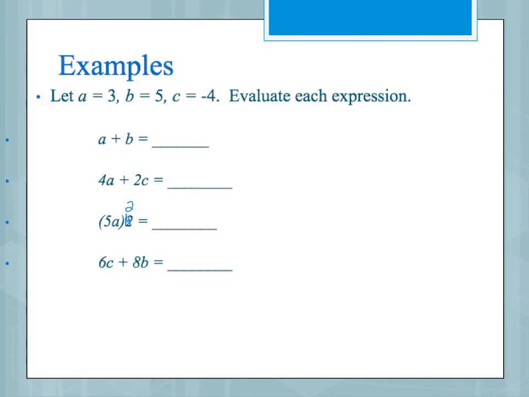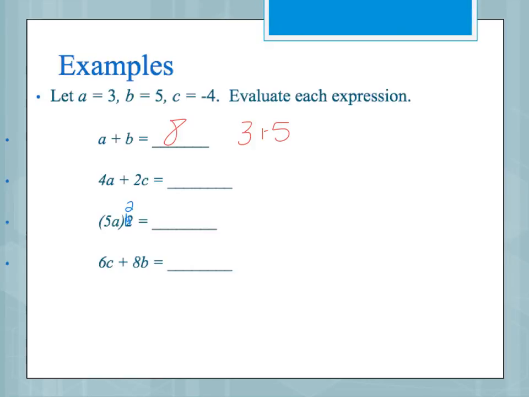Okay. If I know that A is 3, B is 5, and C is -4, I want to evaluate each of these expressions. So for the first expression, I'm going to substitute a 3 for A and a 5 for B. So I end up with 3 plus 5, which gives me 8.